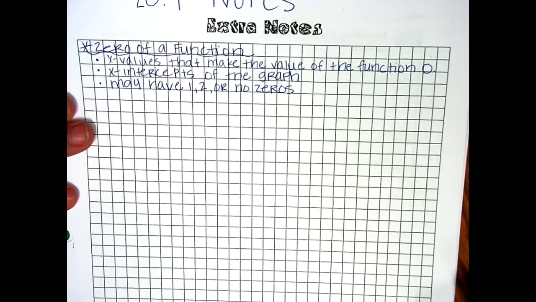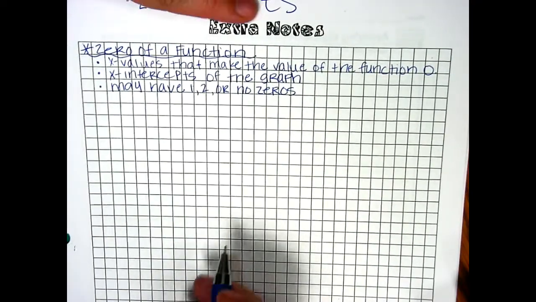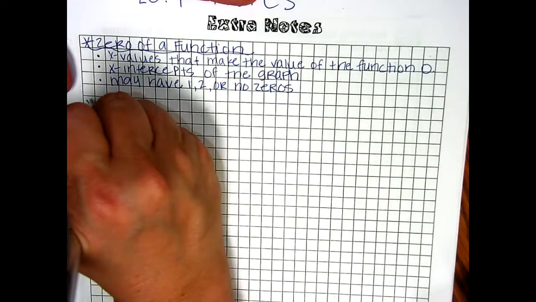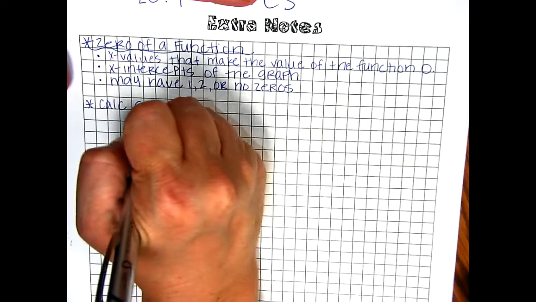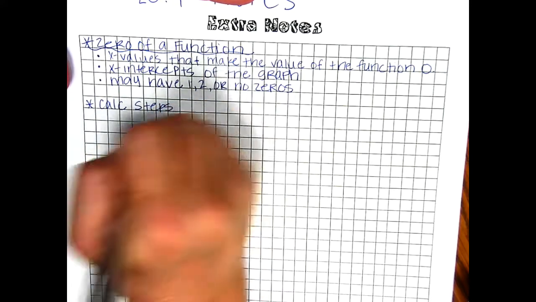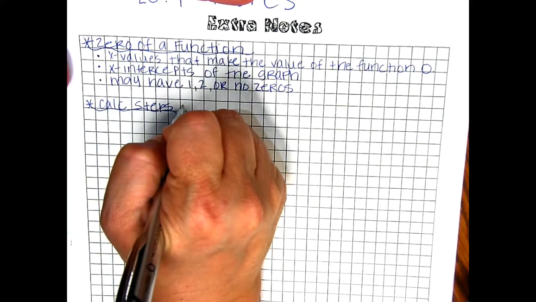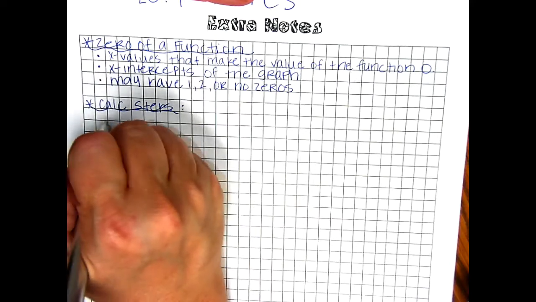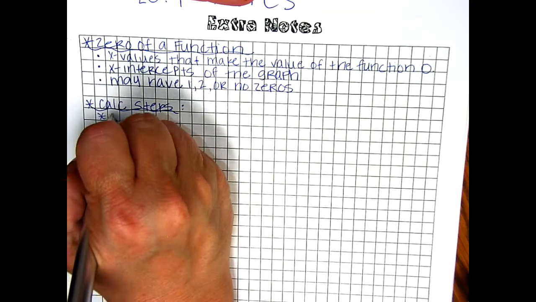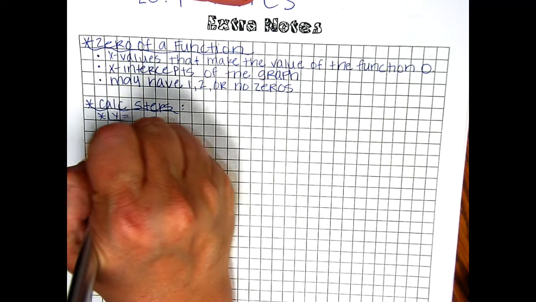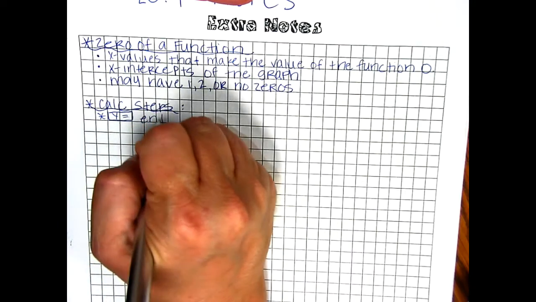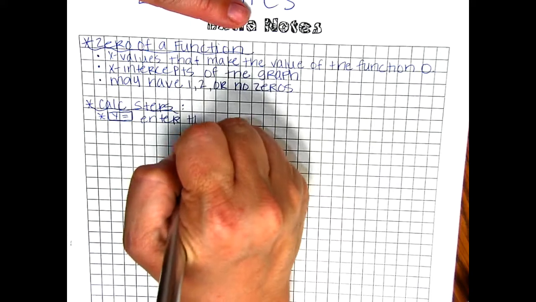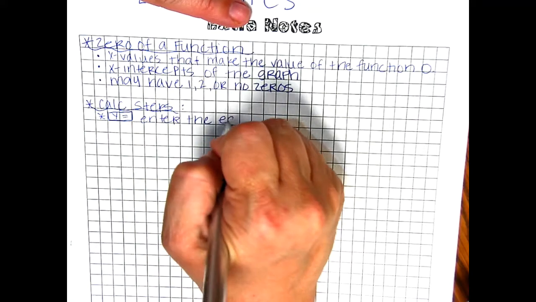Okay, when we do this, we do it on our calculator. So, the calculator steps. The first thing you're going to do is hit y equals, and then enter the equation.